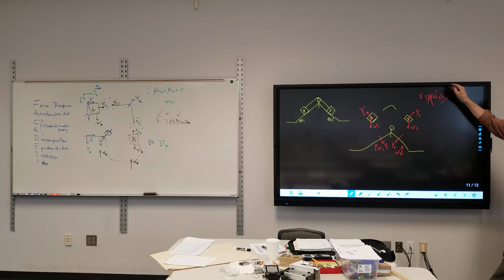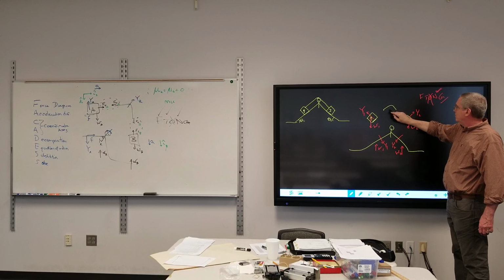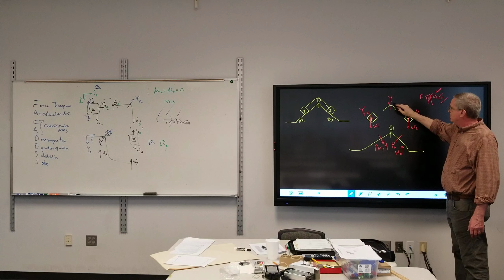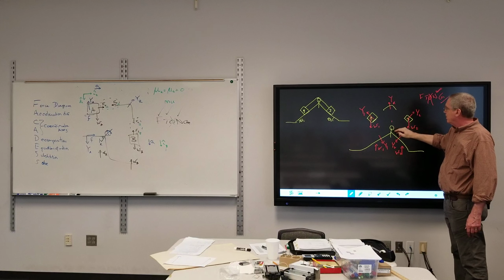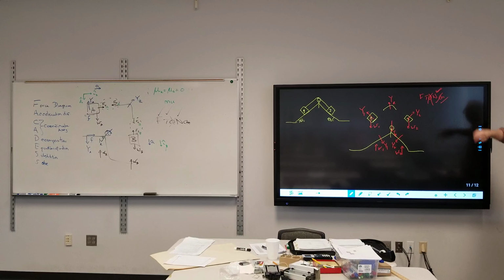All right, normal force is done. Oh, wait, no, it is not. One more pair. So going with that gesture, I've got Y sub R, T, whatever letter strikes your fancy. All right, normal force done.